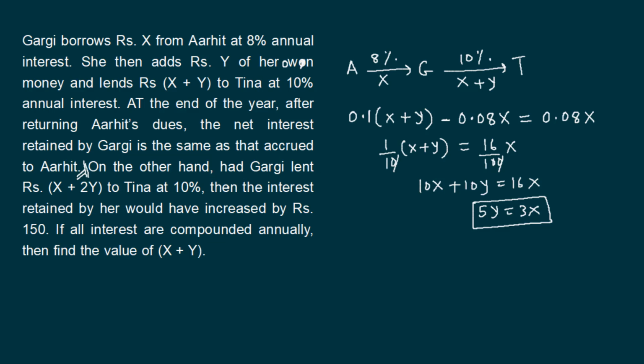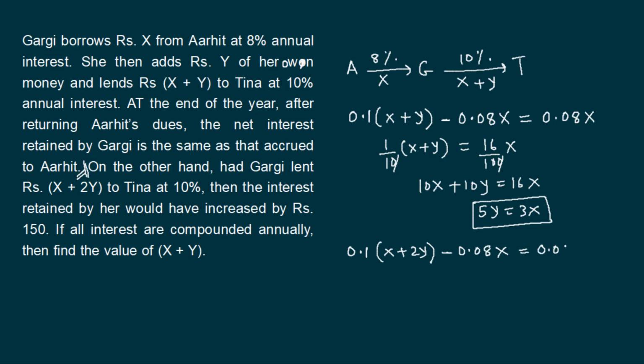On the other hand, had Gargi lent rupees x plus 2y to Tina at 10%, in this case her income is 0.1 of x plus 2y minus 0.08x, then the interest retained by her would have increased by rupees 150.